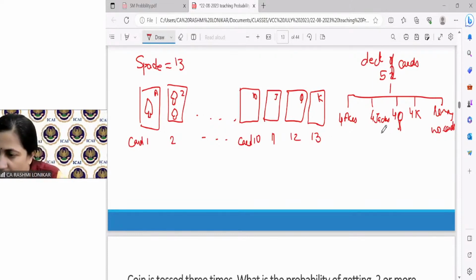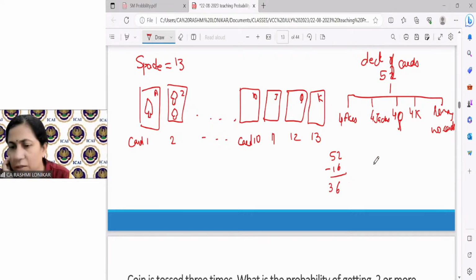So how many are there? 52 minus 16. 36. 9 fours are 36. So 36 cards are non-picture cards or number cards.